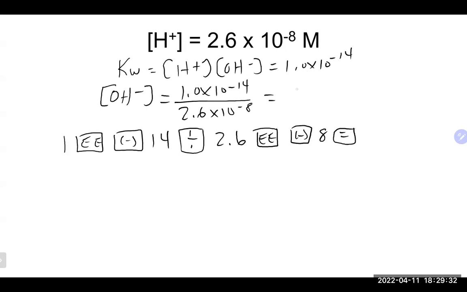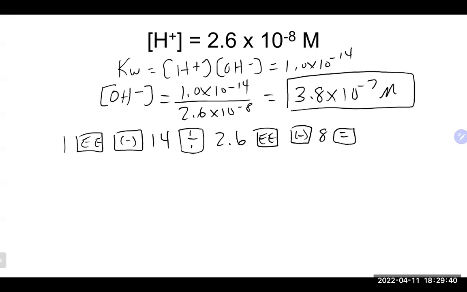It looks like on my calculator I get 3.8 times 10 to the minus 7. This would be molarity as it is a concentration. First off, any questions on that calculation? Remember, when you hit the exponent button, it stands for the times 10 part, so no need to hit the multiplication button or any of those things along the way.